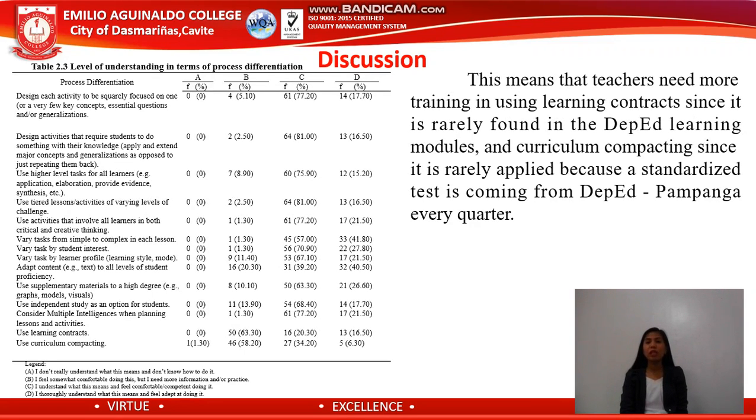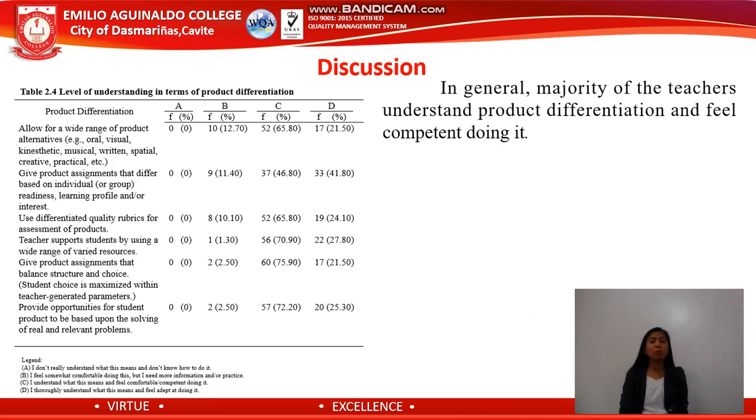Table 2.3, in terms of process differentiation. The table shows that teachers need more training in using learning contracts, since it is rarely found in the DepEd learning modules, and curriculum compacting, since it is rarely applied because a standardized test comes from DepEd Pampanga every quarter. Table 2.4, in terms of product differentiation.